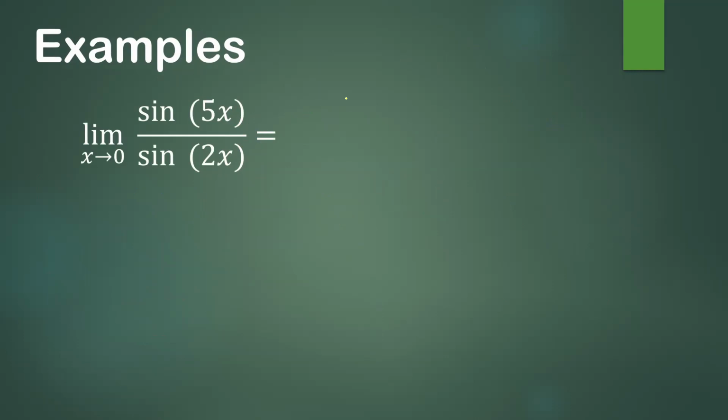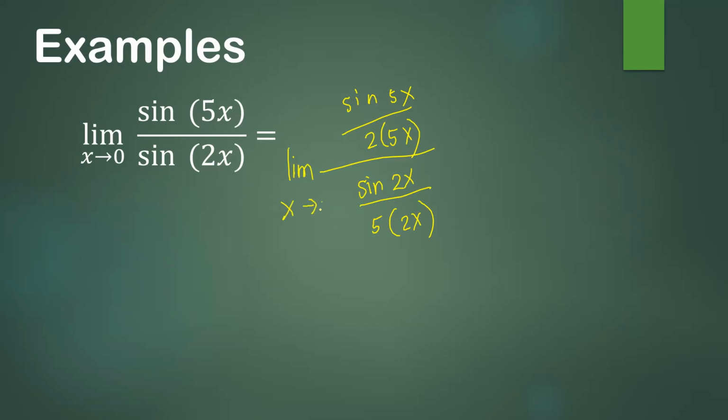So we divide by 10x. So sine 5x over 10x, which is 2 times 5x. Tapos sa baba, we have sine of 2x. Sorry for the crooked line. Tapos gagawin naman natin 5 of 2x. 5 times 2x. And then we have the limit as x approaches 0.